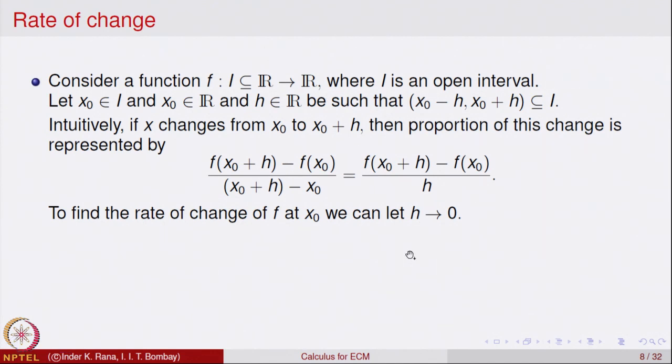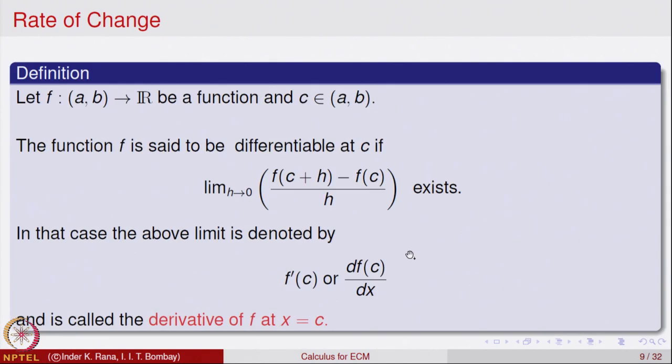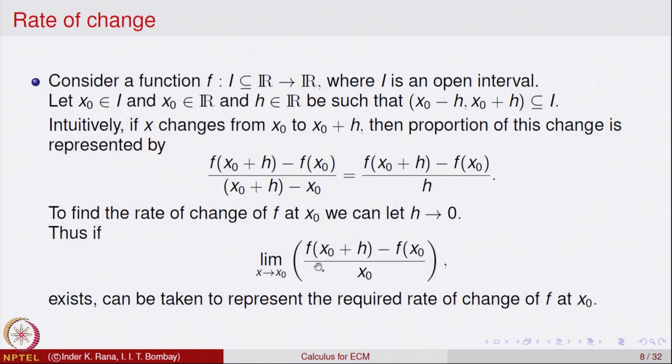So, this says we should be looking at the limit of this quantity, f of x naught plus h minus f of x naught, divided by h, with h going to 0. So, this whole expression needs to be rewritten.